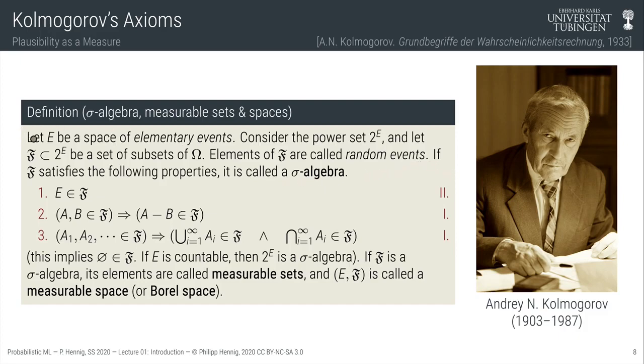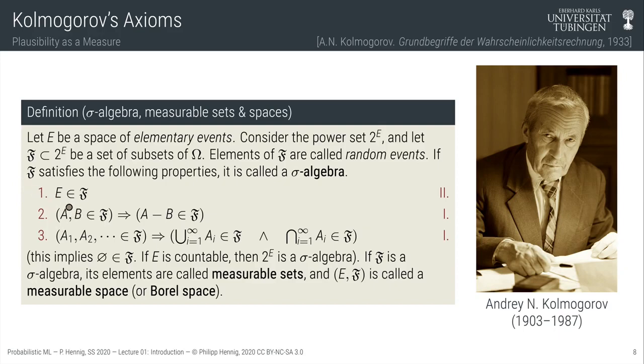If F satisfies the following properties, we will call it not a field of sets anymore, but, somewhat annoyingly, by this very cryptic name, a sigma algebra. A sigma algebra is a collection of sets such that the elementary events are all in the set. That's Kolmogorov's axiom number 2; for us, it's axiom number 1.